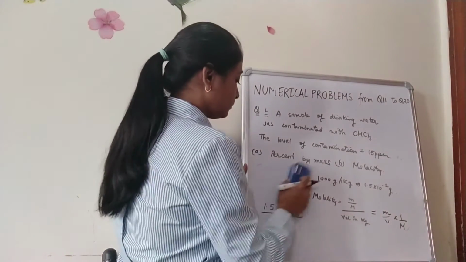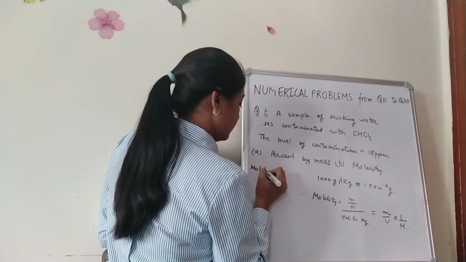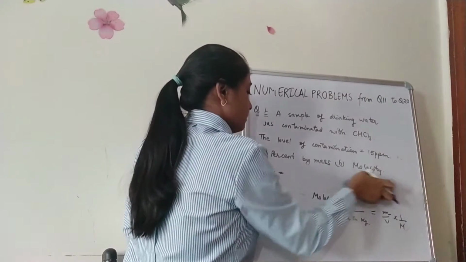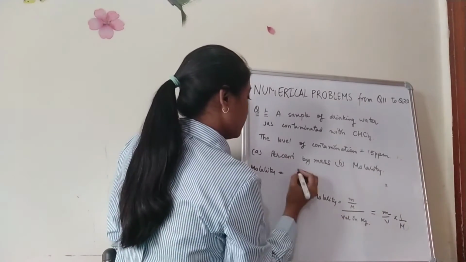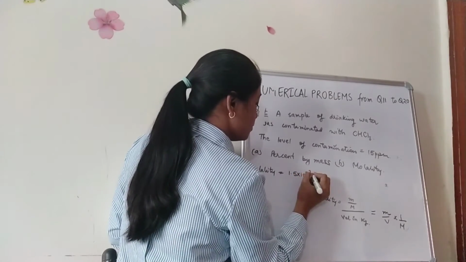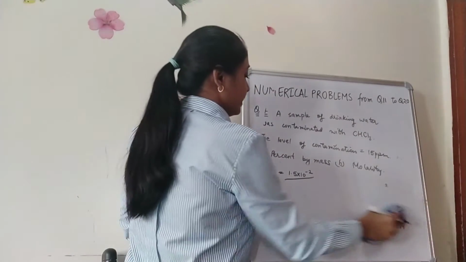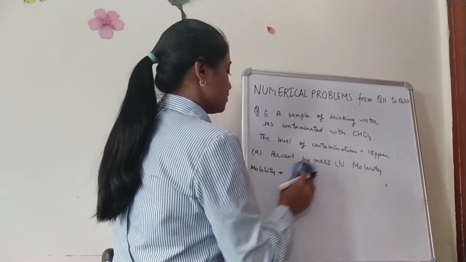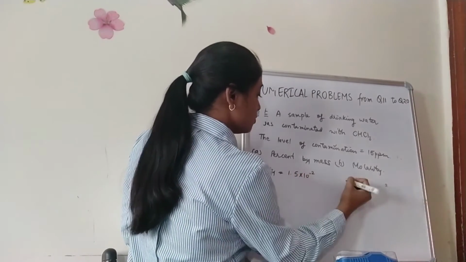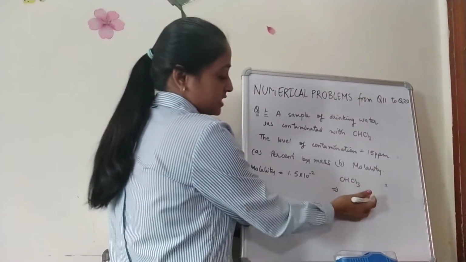So molality is equal to 1.5 into 10 to the power minus 2 divided by molar mass of CHCl3. We will calculate the molar mass of CHCl3 here.